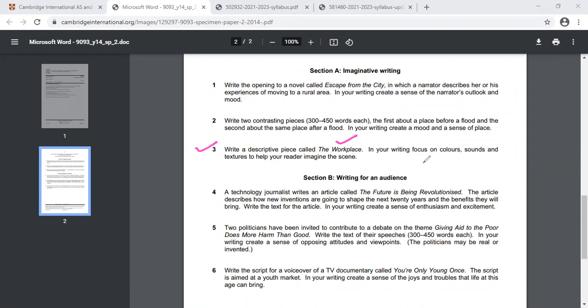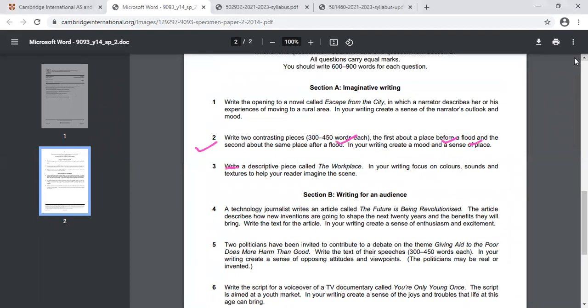In your writing, focus on colors, sounds, and textures to help your reader imagine the scene, right? And the word count is 600 to 900. Probably, let me scroll up first. Yes, 600 to 900.